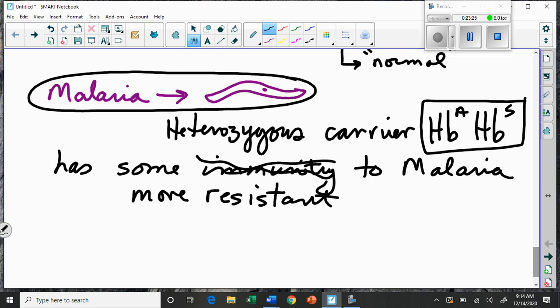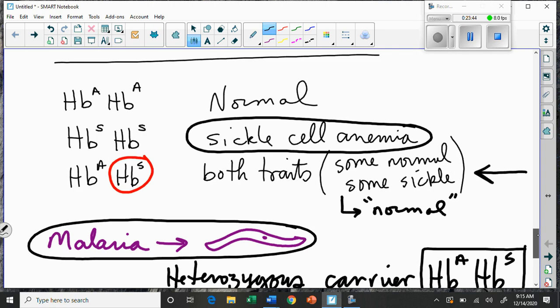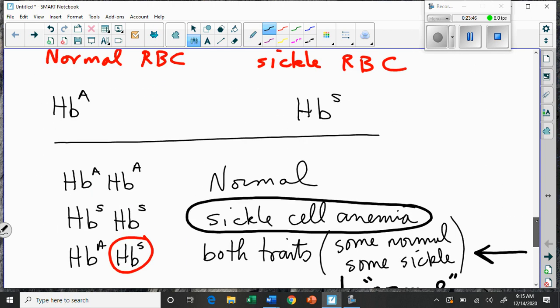And this is a case of a codominant situation. Because remember, if it was a dominant recessive situation, you could either have all round red blood cells or all sickles. There wouldn't be this mix. But the codominance allows for both. So that's another example of codominance. In fact, did I write that up here?